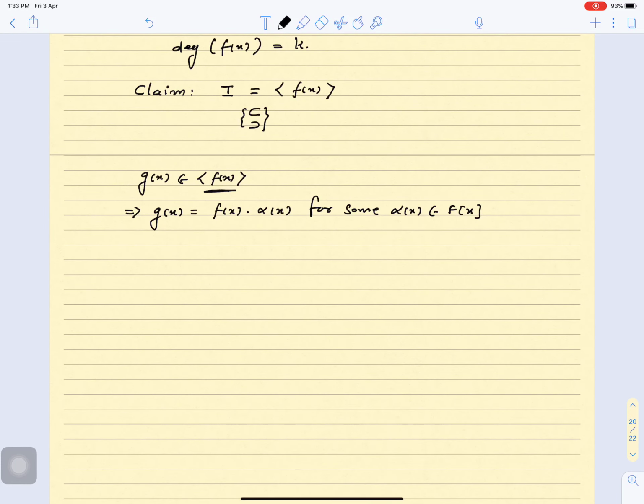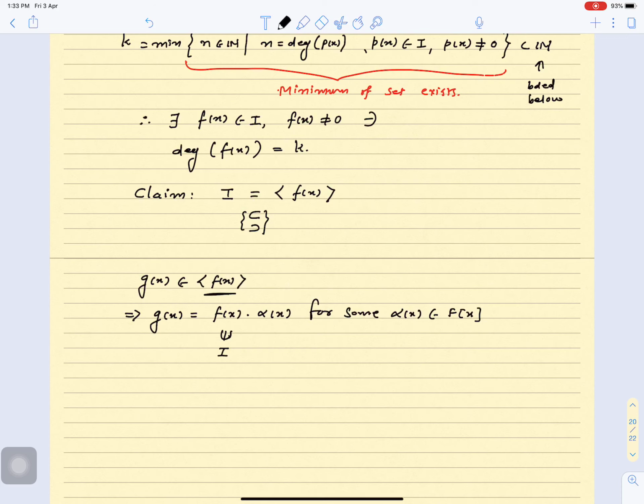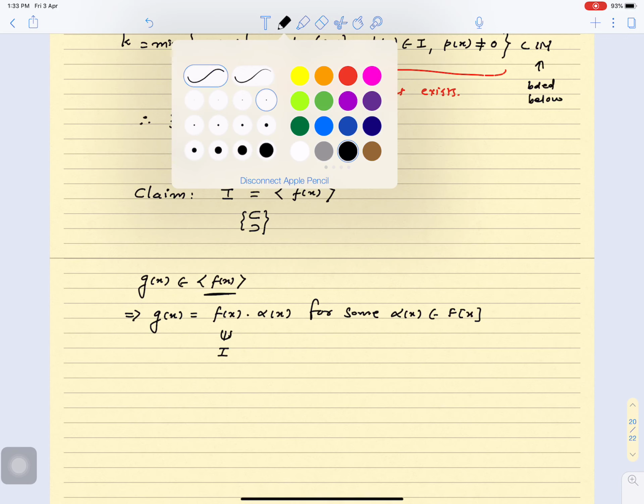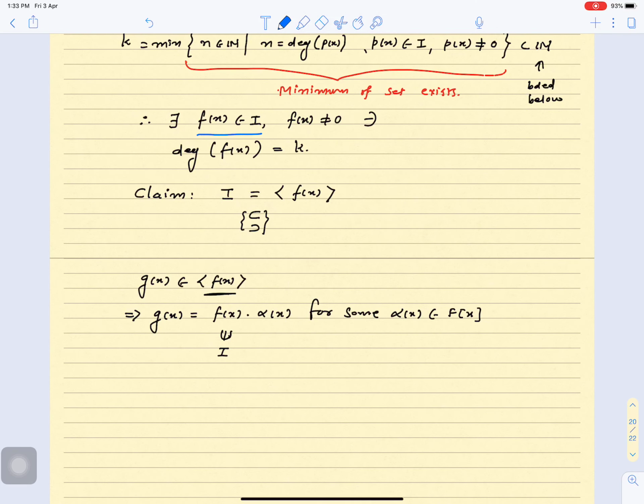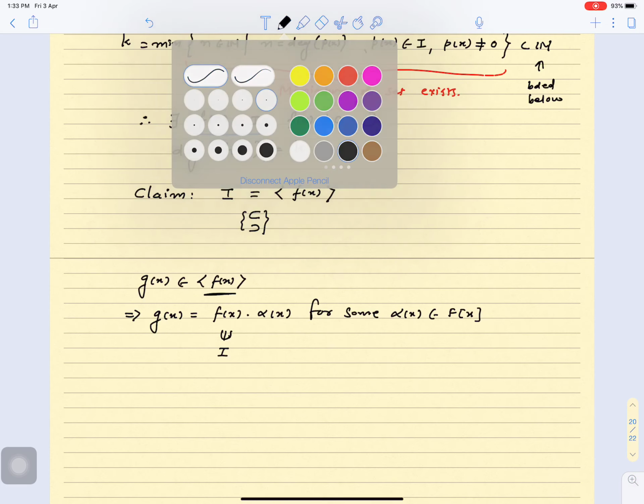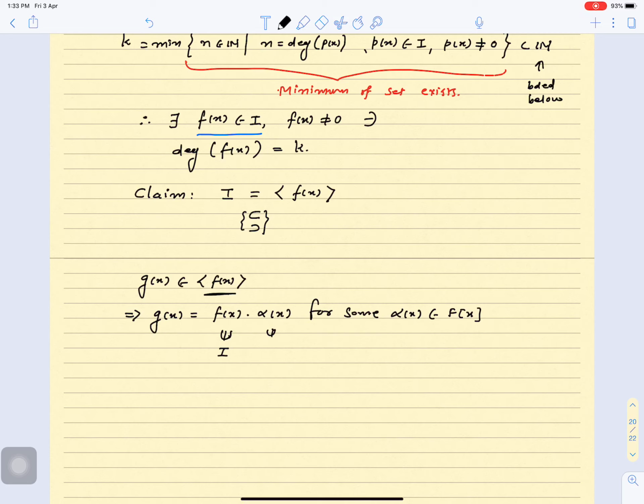Now f(x) is an element of I, because we have considered f(x) and it is an element of I, and alpha(x) is an element of F[x], and we know that I is an ideal in F[x]. So this f(x) into alpha(x) will be an element of I, because I is an ideal.